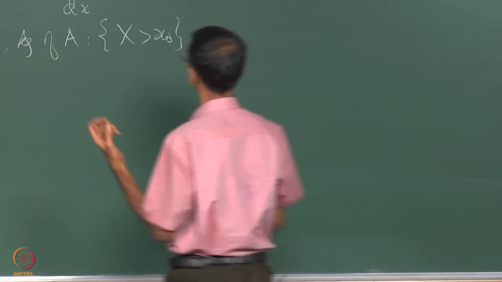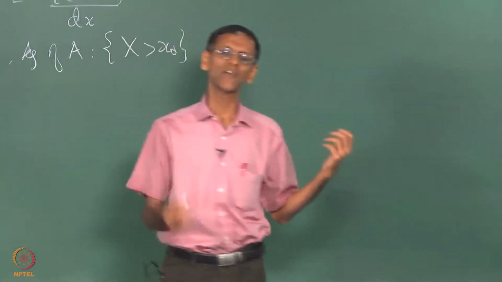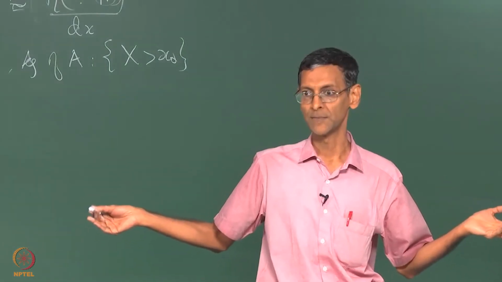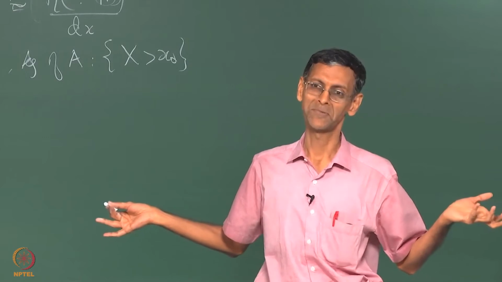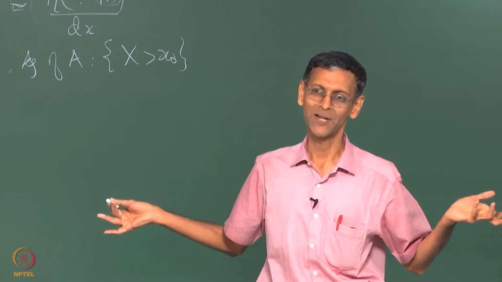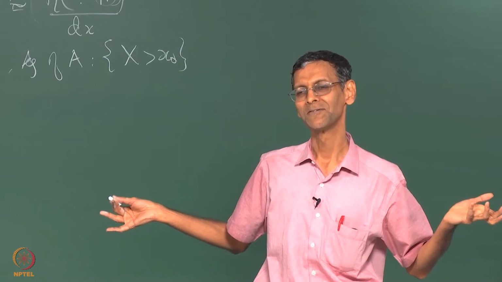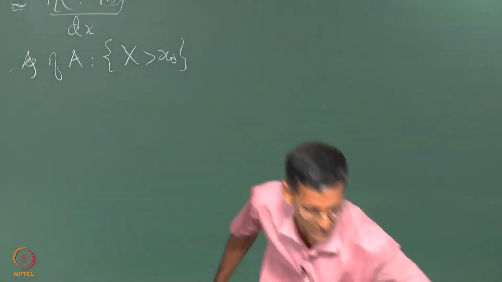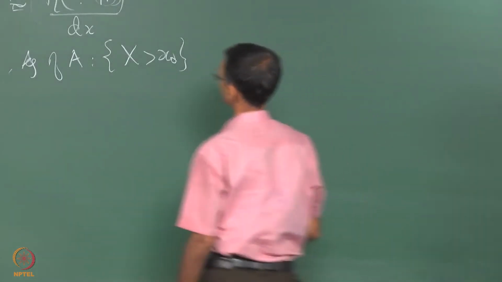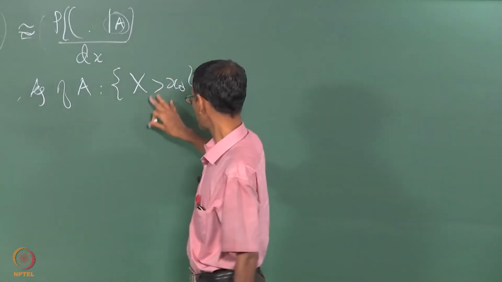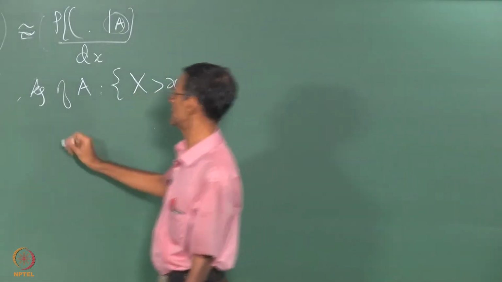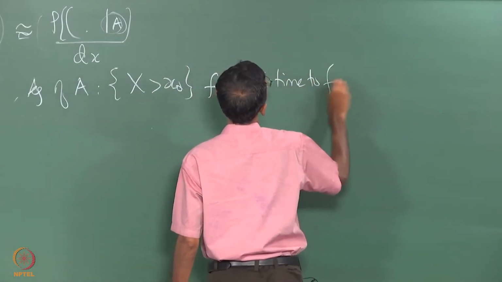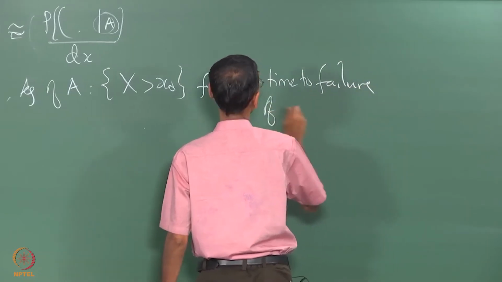So the original PDF of X could be the time to failure. Supposing X was the time at which the device failed, we died, to be very stark and blunt about it. So X could be a time to failure of some device.